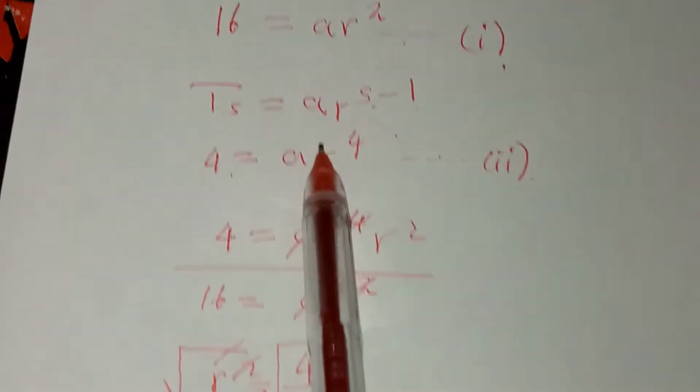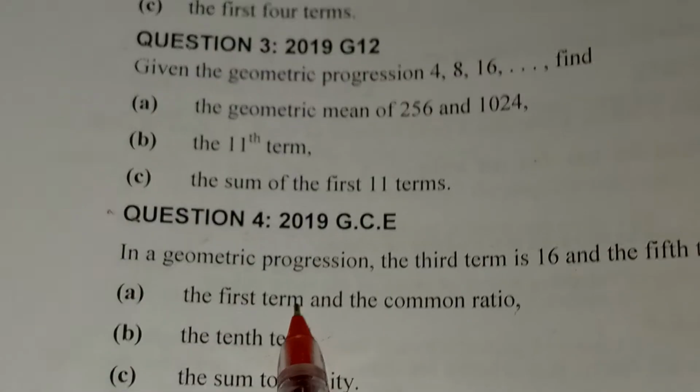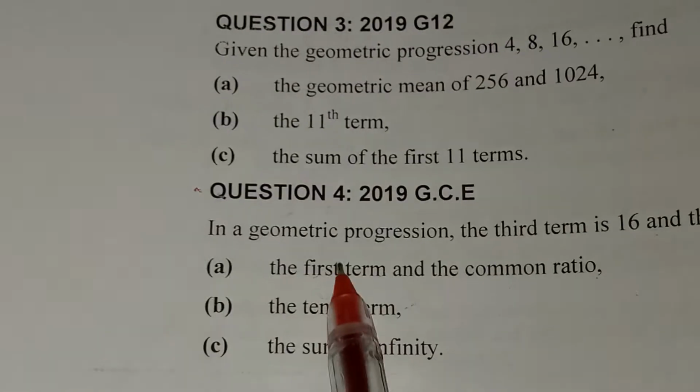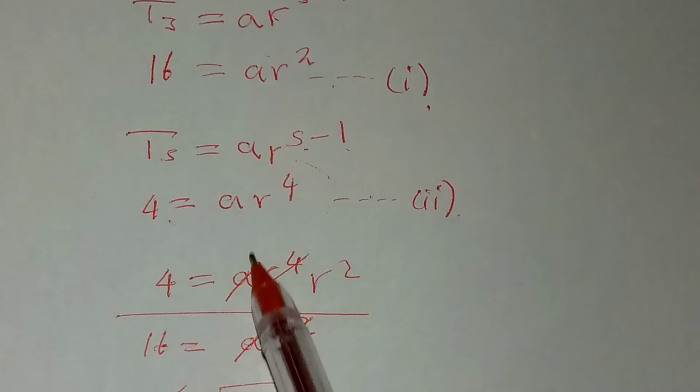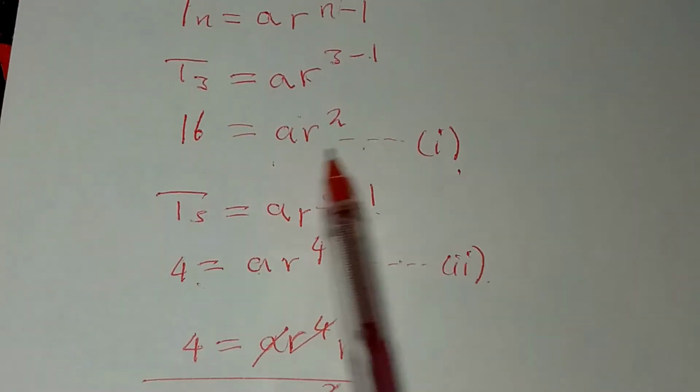So this is the answer for the common ratio. Then finding the first term, since in the question it was said we should find the first term and the common ratio. The common ratio we found, let's find the first term. You can just take any of the equations that you formed.